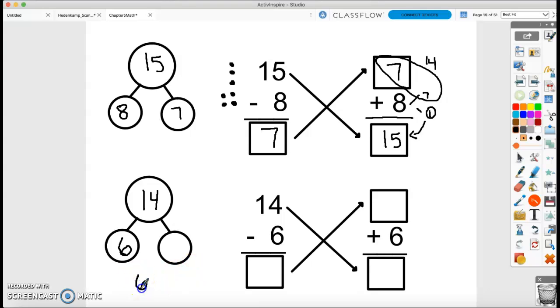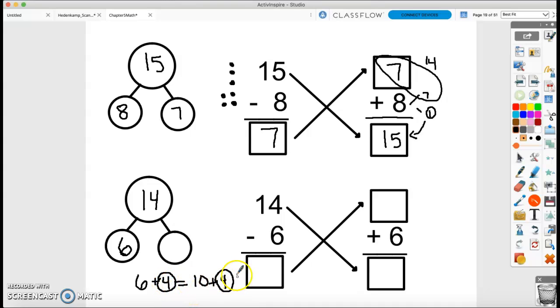So I have 6, and I want to get to 14, but I'm going to get up to 10 first. So I know 6 plus 4 is 10. So I need 4. And I need to get to 14, and I know that 10 plus 4 is 14. So here's how many more I need to get to 14.